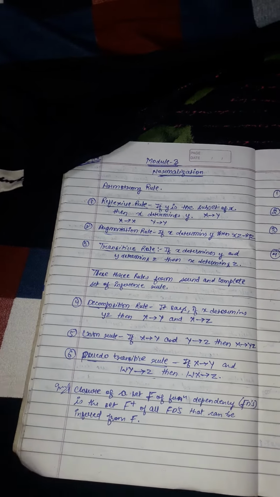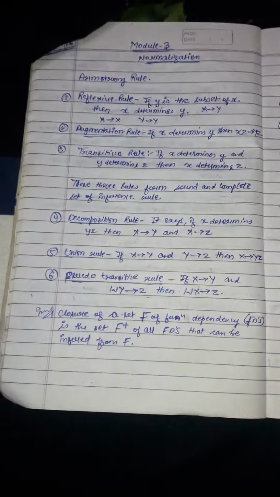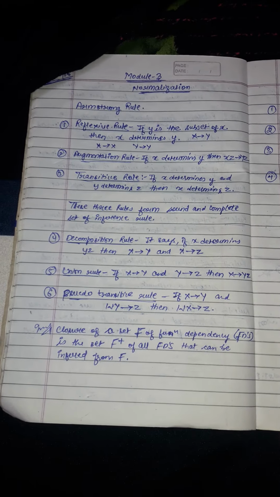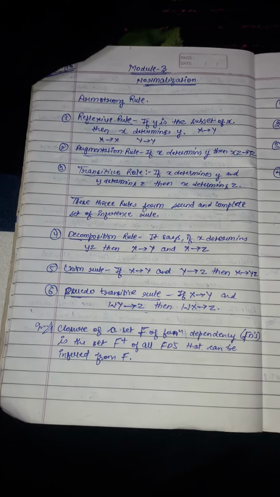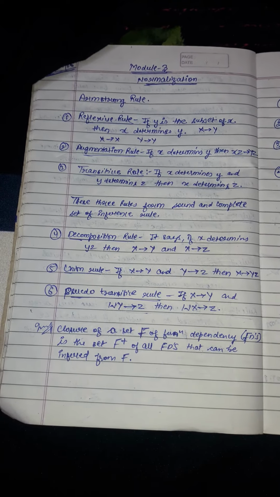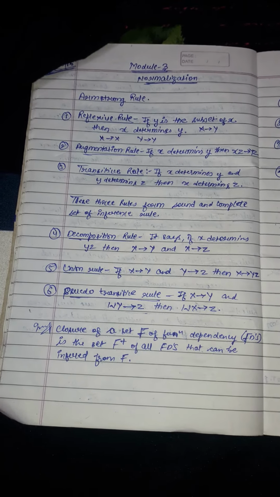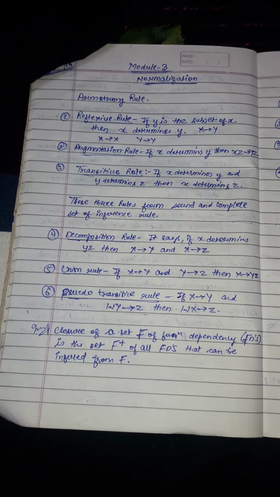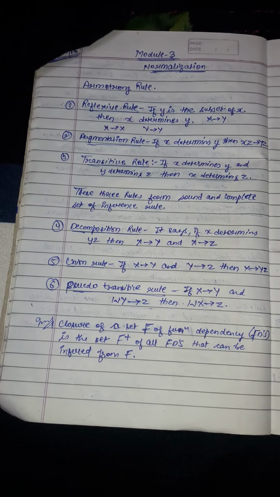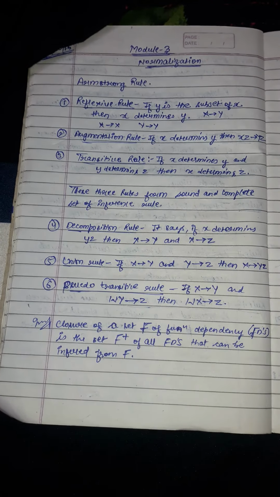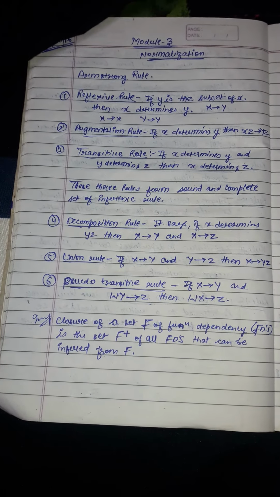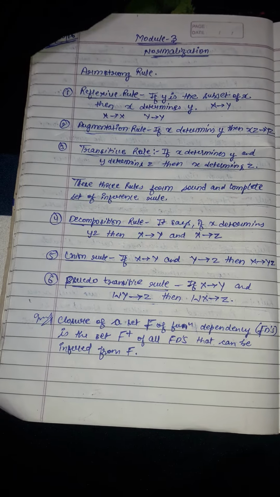So these rules relate to the closure of a set F. F is a set of functional dependencies, and F positive is the set of all functional dependencies that can be inferred from F. So this F is from a database from which we infer many functional dependencies using these rules.